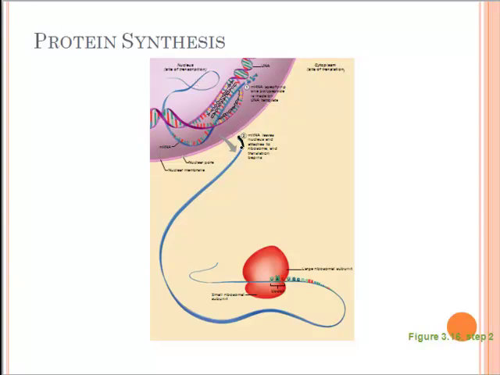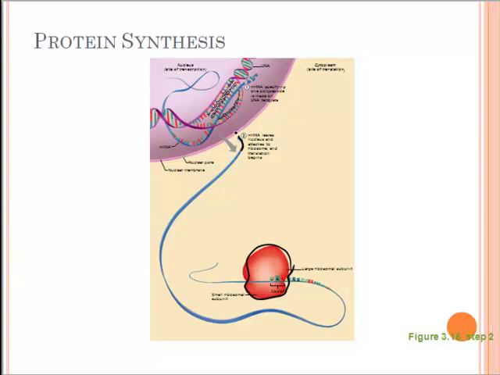So notice now we have this blue ribbon. It has now left the nucleus and it's come out into the cytoplasm, and it's found a ribosome. So this red guy here is a ribosome. So the mRNA is going to attach to the ribosome, and then the sequence of nucleotides. So remember, nucleotides build nucleic acids. So both DNA and RNA are built of nucleotides. These nucleotide sequences are going to help determine what protein is going to be built.